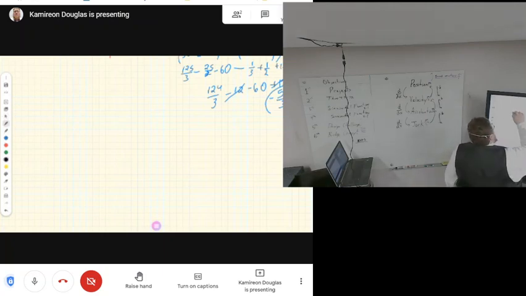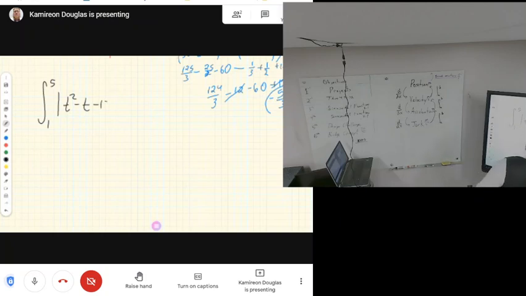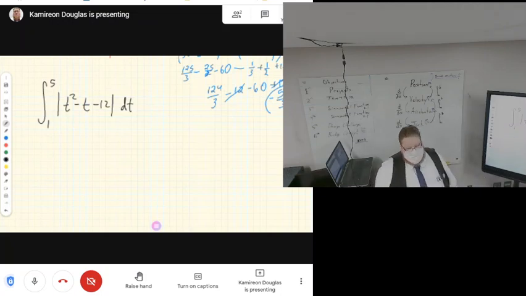Let's do it again. So, integration from 1 to 5 of the absolute value of t squared minus t minus 12 dt. We did absolute values two days ago. We did absolute values yesterday. Let's remind ourselves again. How do we do the absolute value functions? What's our first step? Gotta find a split.